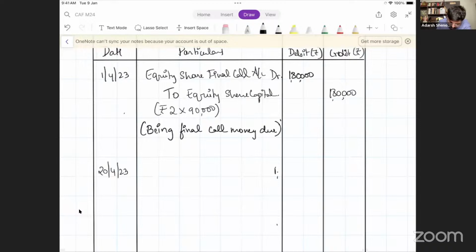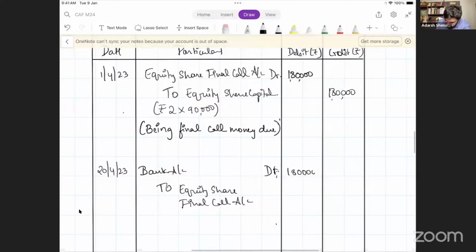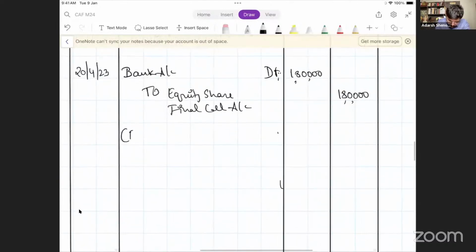The journal entry will be bank account debit to equity share final call, 1,80,000, being final call money received.